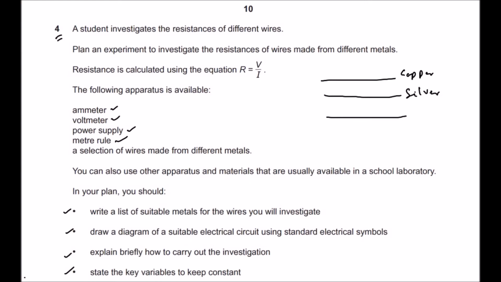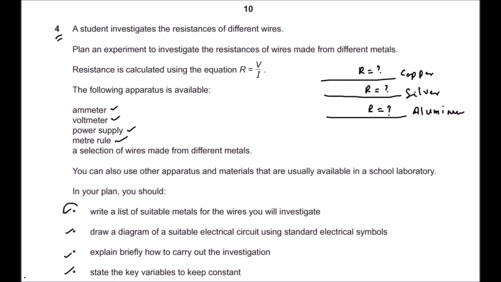Third, for example, aluminium wire. So you need to calculate their resistance. This is the task we have, and you complete your task by using the points given in this question.